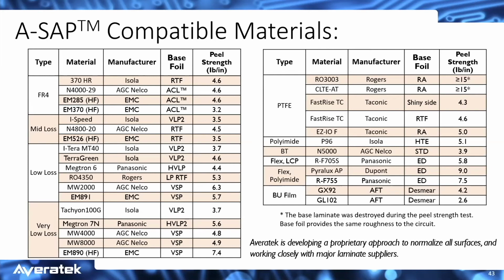And then the build-up films like the Ajinomoto ABF films like the GX92 and GL102. On most of those, we can get 4 pounds or close. The 2.6 that you see there on the GL102, we were worried about that until we talked to Ajinomoto, and they said that basically nobody's getting anything better than that. And in the packaging industry, which is where that's mostly used, they accept that as an acceptable level of adhesion.